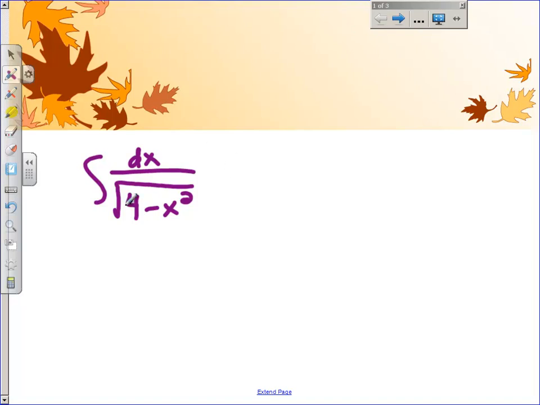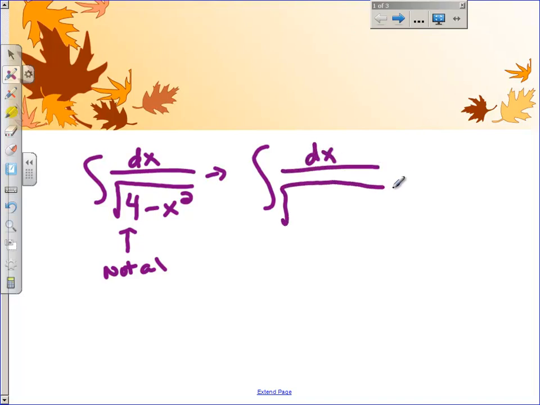First of all, unfortunately for us, that is not a 1, so I cannot use my straight antiderivative formula. So here's what I'm going to do. I'm going to do some fancy algebra. I am going to factor out of that square root a 4, which would make this 1 minus x squared over 4.